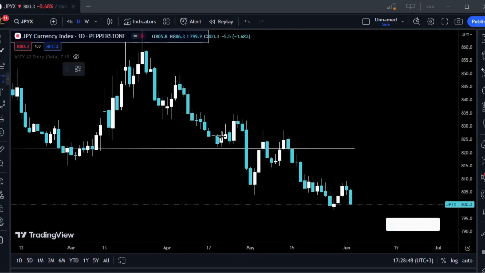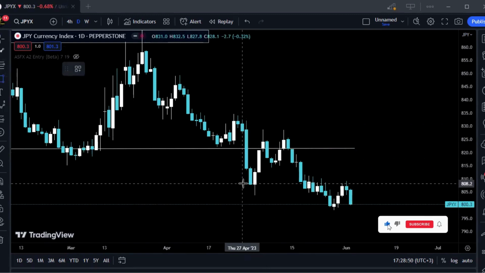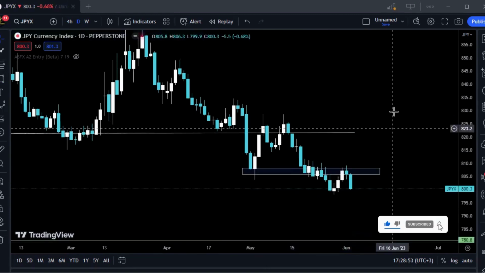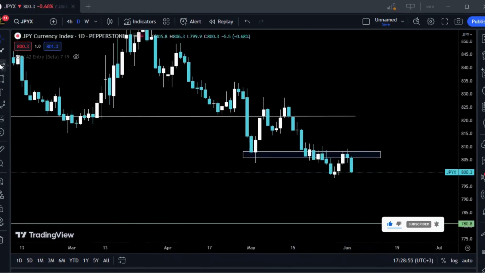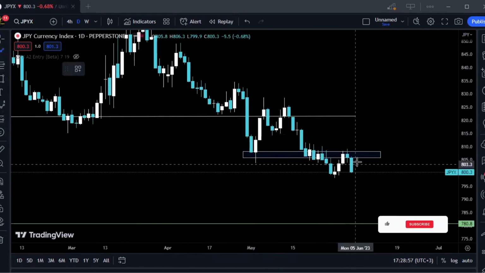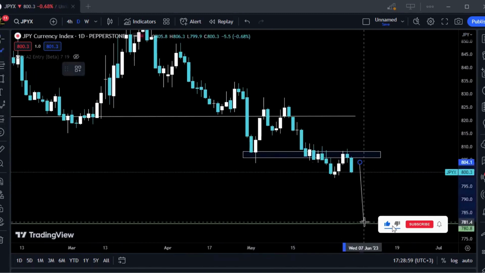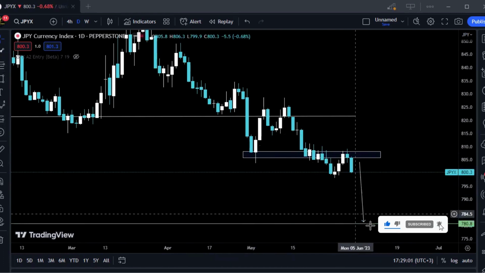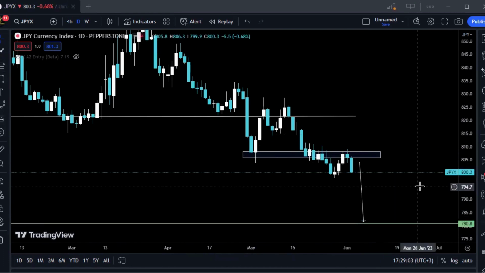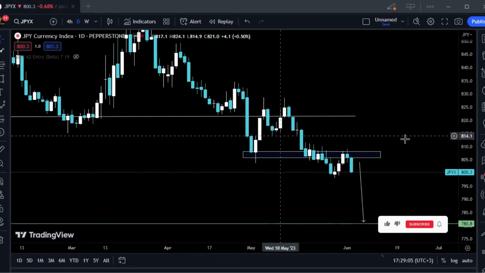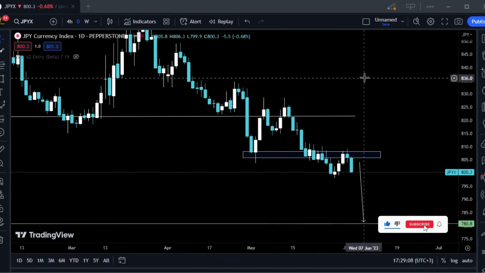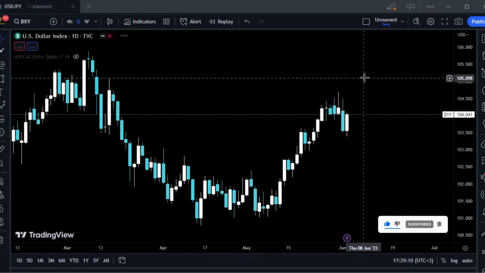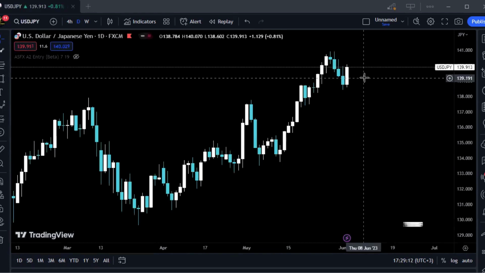So obviously, prices are just pushing low after low. So we should be anticipating to see prices keep on pushing lower for the coming week until it hits that target at about 780 down here, right? So overall, JPYX, that's my bias. This coming week, I'll be anticipating it to become very solidly bearish.